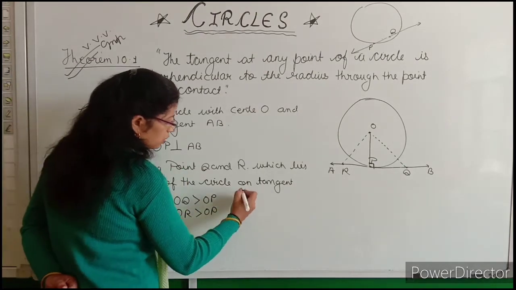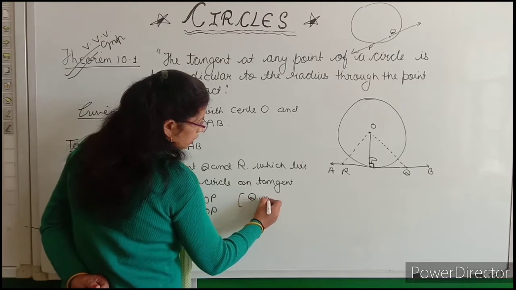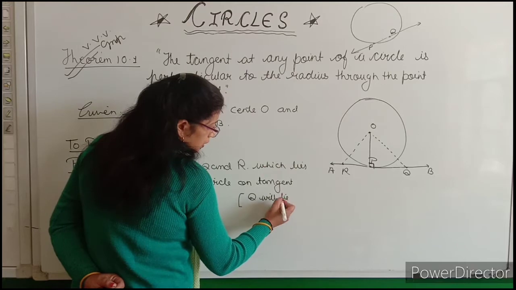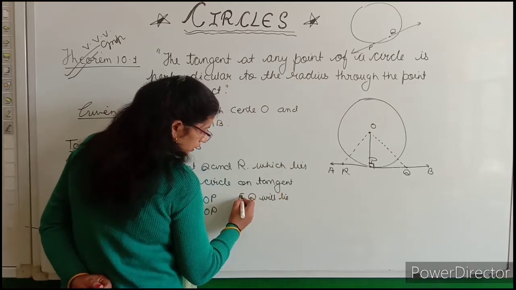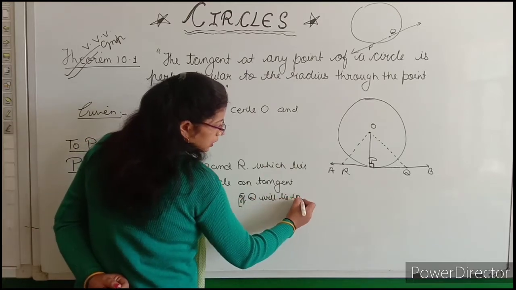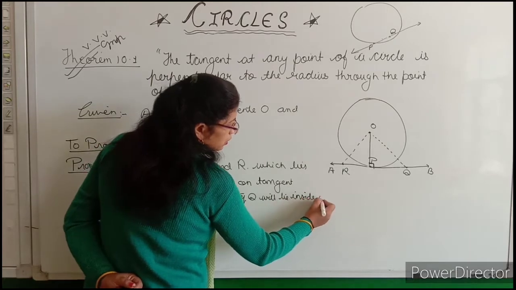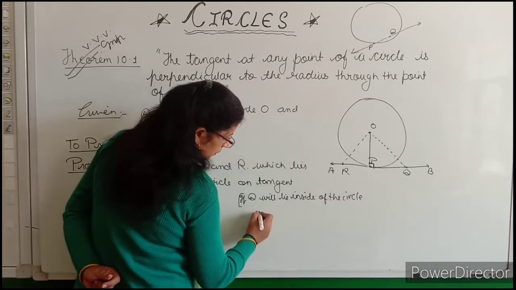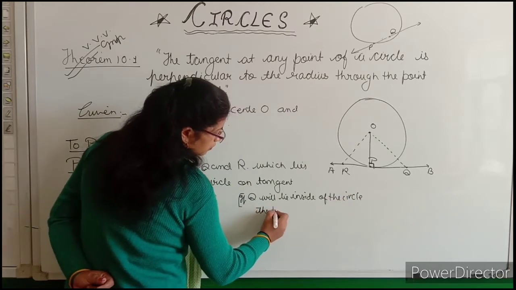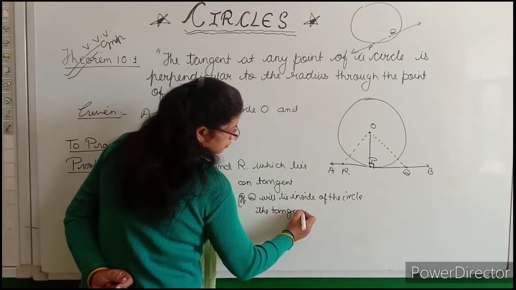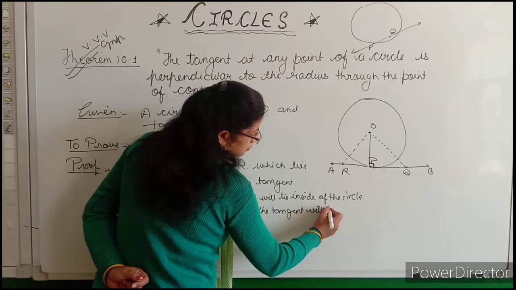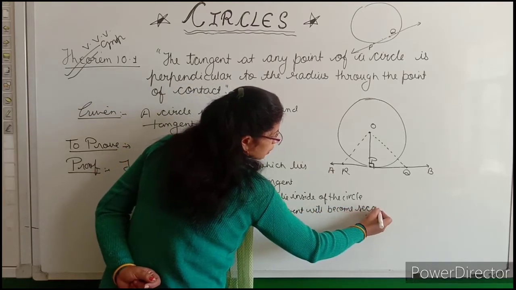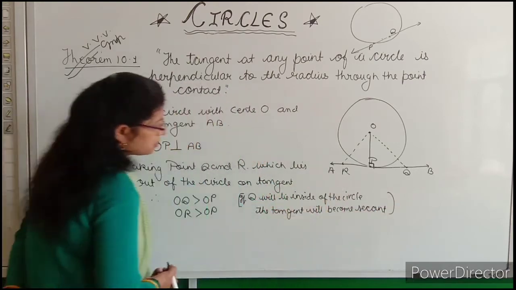Because I am writing if Q will lie inside of the circle, the tangent will become secant. Okay, this I am writing at the side.